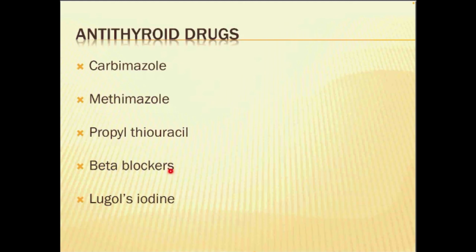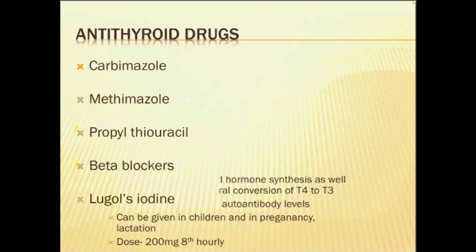Tachycardia will also be controlled by beta blockers. Of course, Lugol's iodine also has a negative feedback mechanism. It also helps in shrinking of the thyroid gland. It reduces the vasculature of the thyroid gland.